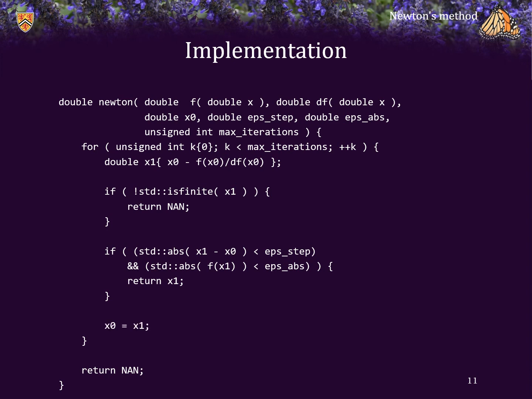Finally, we simply assign to x0 the value of x1. Note that a parameter can be assigned to just as easily as any local variable because it is simply memory that is allocated on the stack.